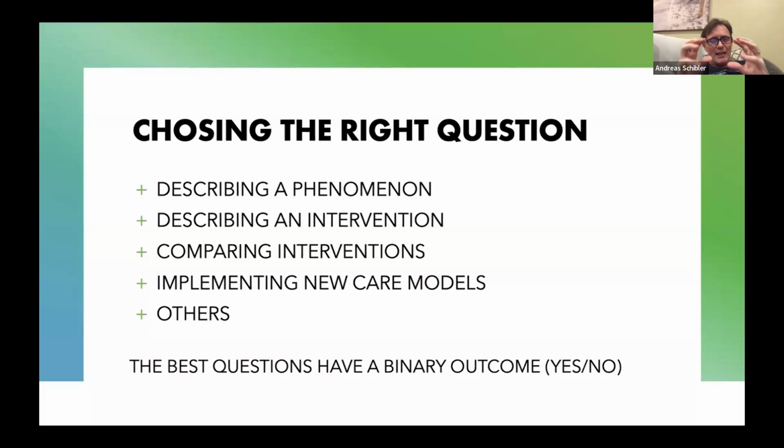So you really need to ask, what is it that I want to ask and answer? So phenomenon, intervention, comparing interventions, and new care models. There are plenty of others as well, but these are the 4 main items that we need to look at. And the best questions are always, did it improve outcome? Yes or no, a binary question.